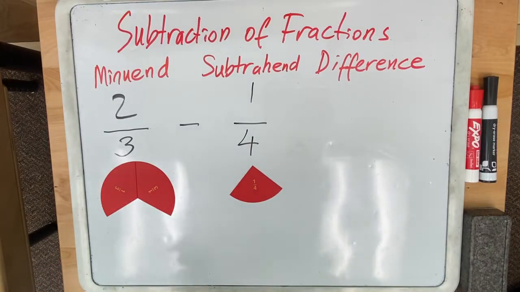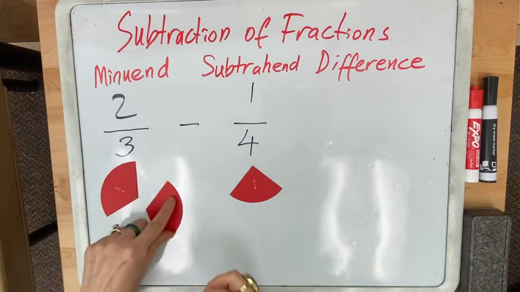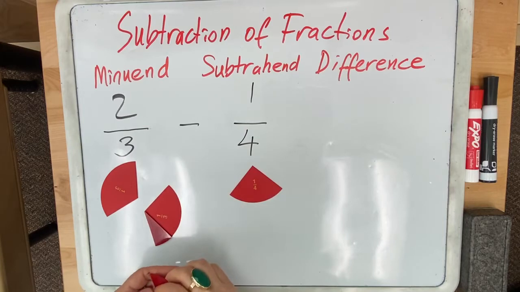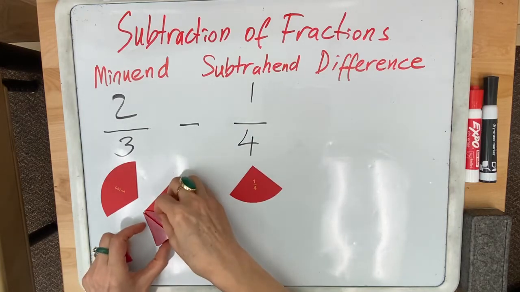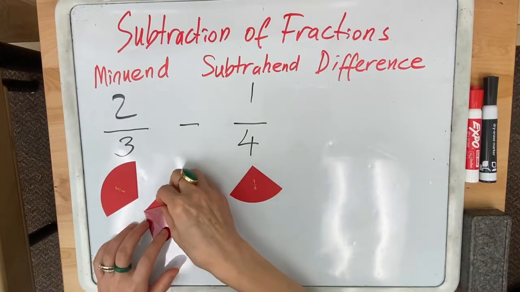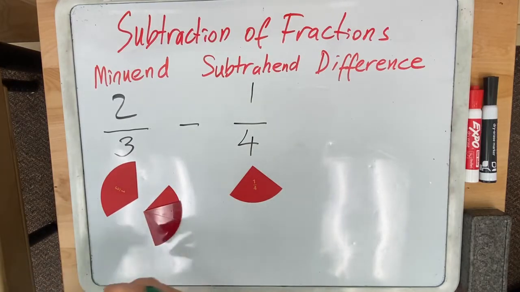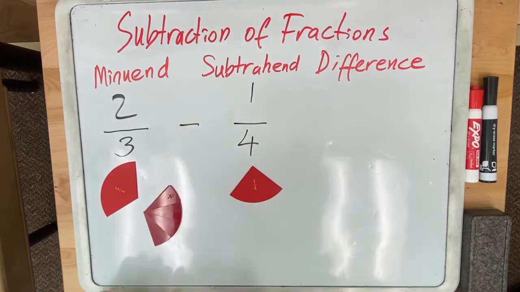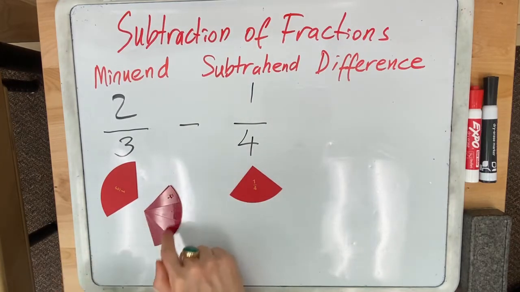So let me see how many 1/12ths cover 1/3 evenly. So 4/12ths covered my 1/3 evenly. That's 4/12.